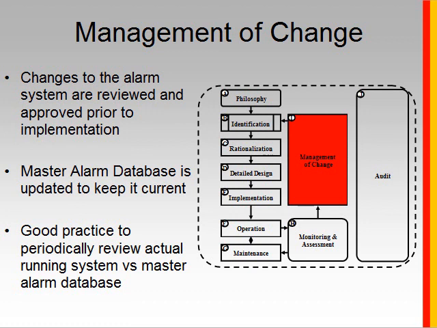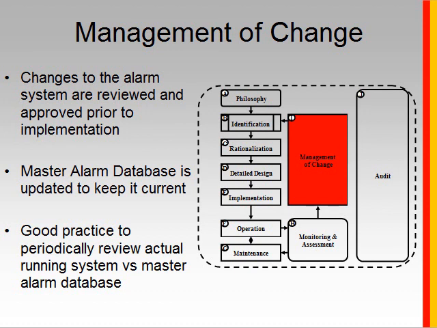It may require review and authorization processes. If an operator says, this alarm limit is probably too low, this point keeps going in and out of alarm and there's really nothing wrong, then you'd have a committee that would look at that, assess it, make sure that's true, make the appropriate change, and then update that master alarm database that we talked about earlier that contains the list of all the approved alarms and what their settings are supposed to be.